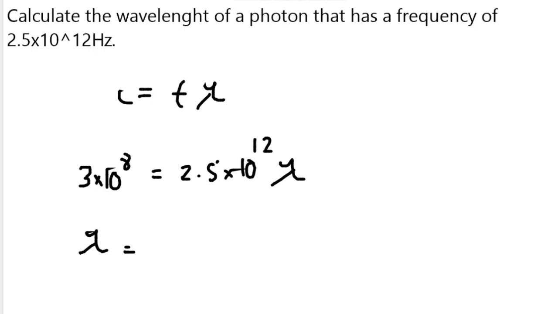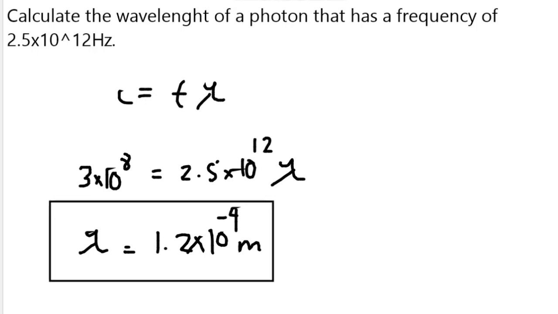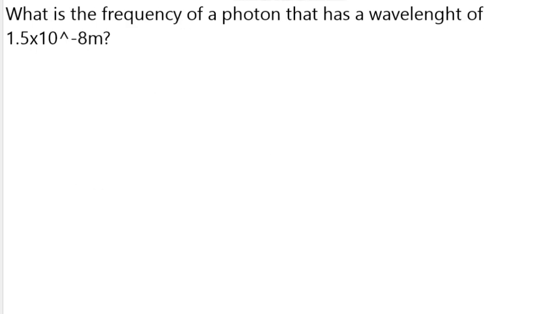We can just divide both sides by 2.5 times 10 raised to the 12. Using our calculator, our answer is 1.2 times 10 raised to the negative 4 meters. So this is a little wavelength, meaning it has more frequency and more energy.